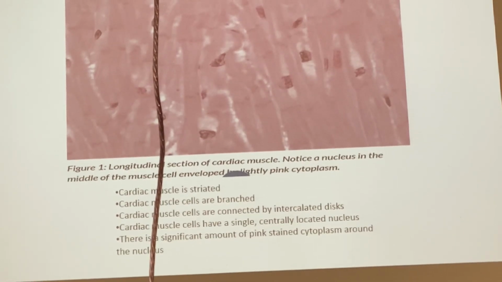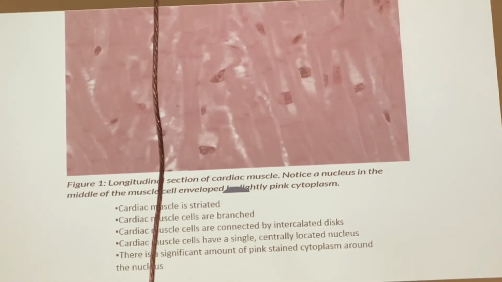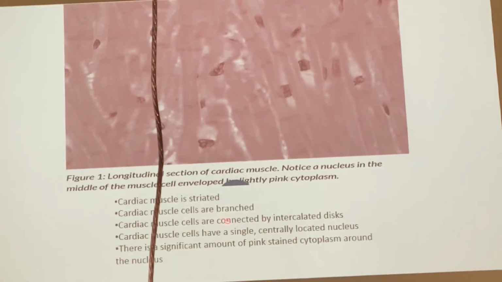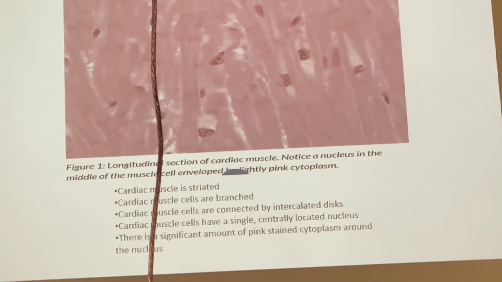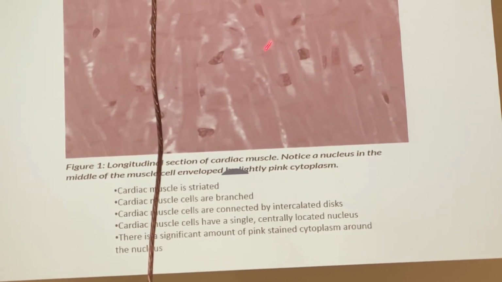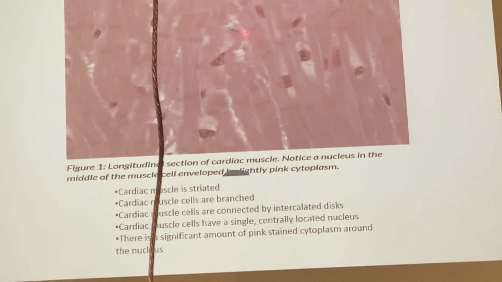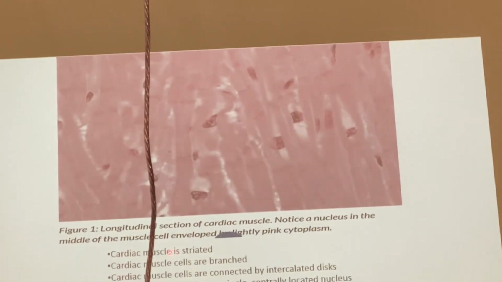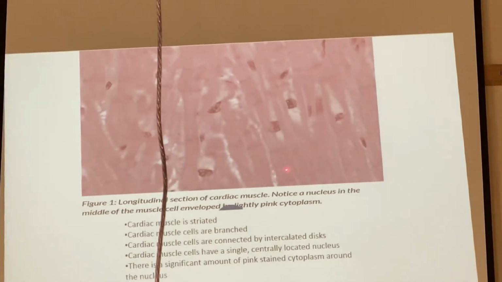Now, this is a section of the myocardium, and these are the characteristic features of the myocardium. The cardiac muscle in this section is striated.